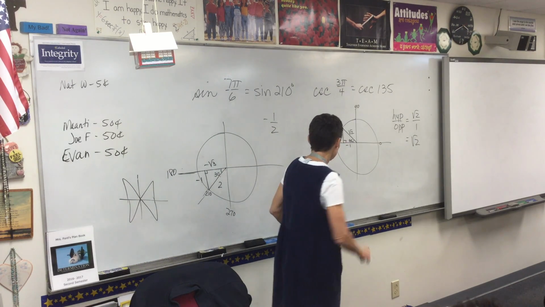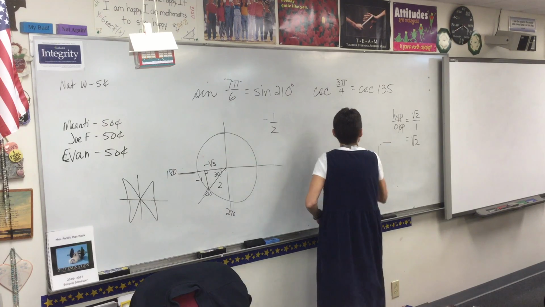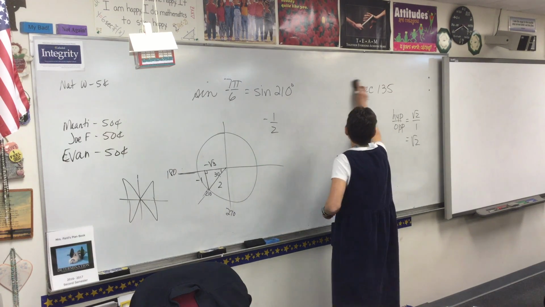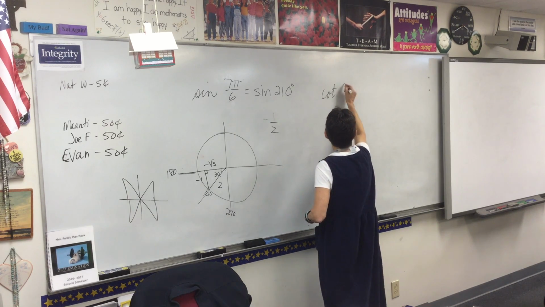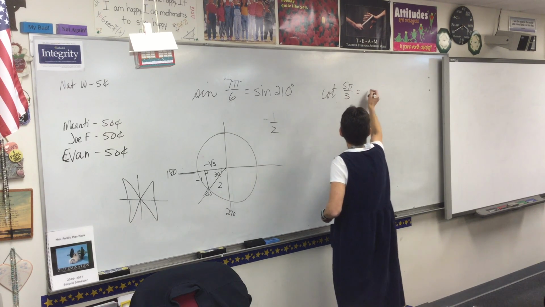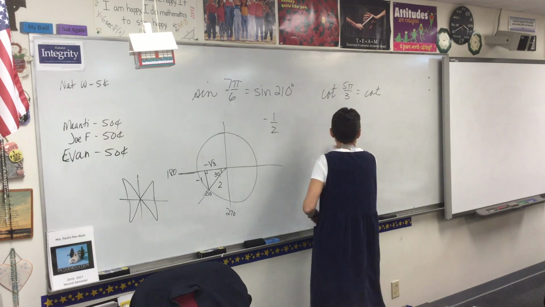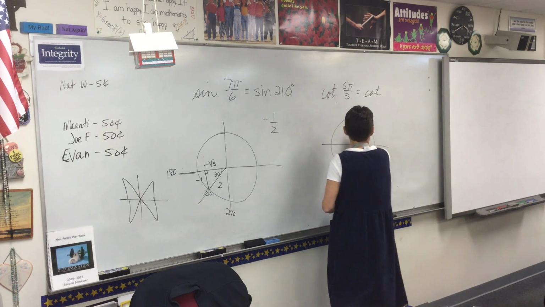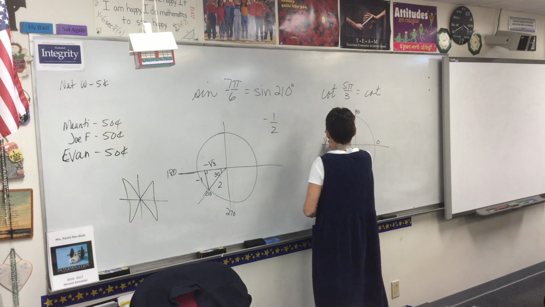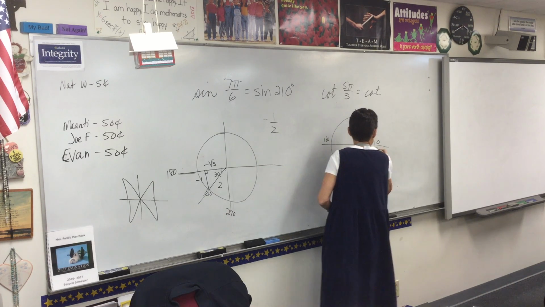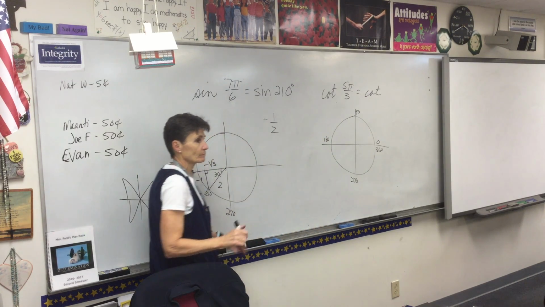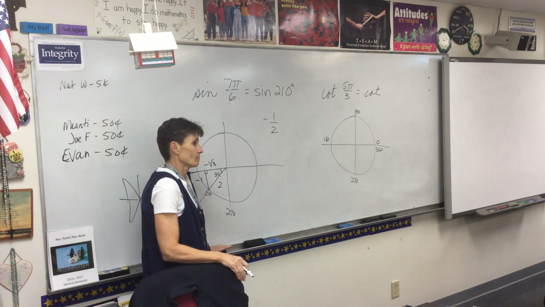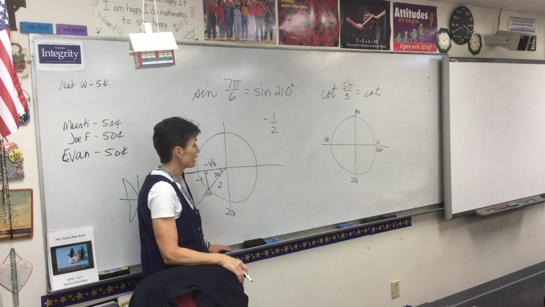Cotangent 5 pi over 3. Cotangent 5 pi over 3. Rylan Harvey, you got the degree measure for me yet?